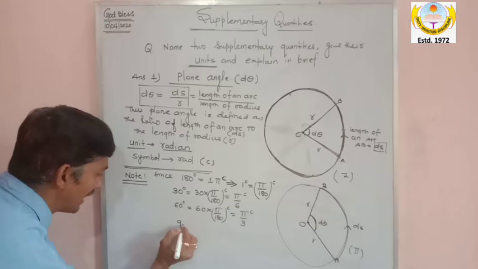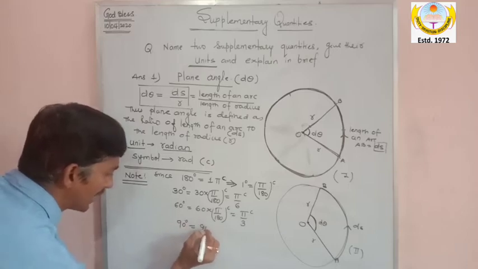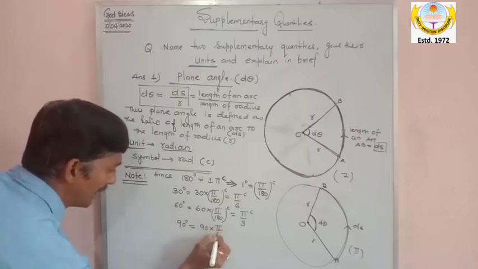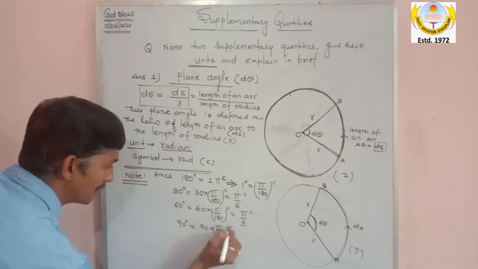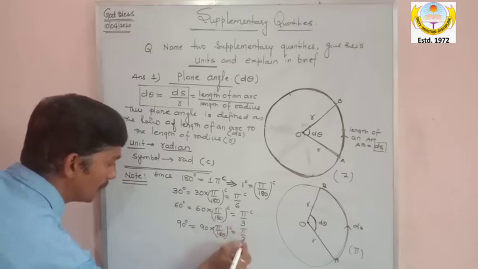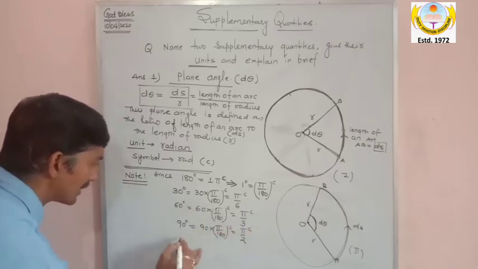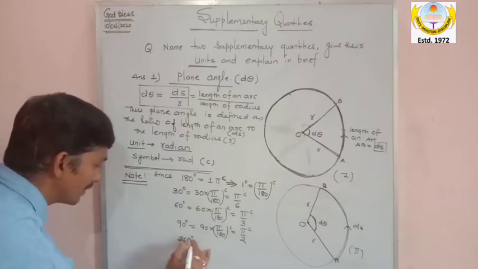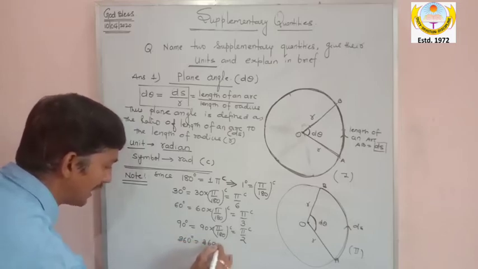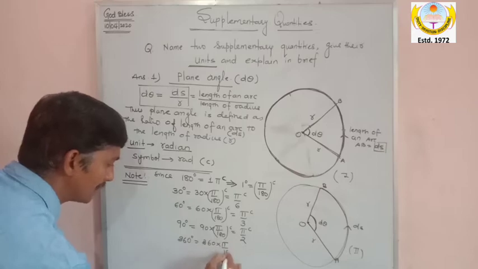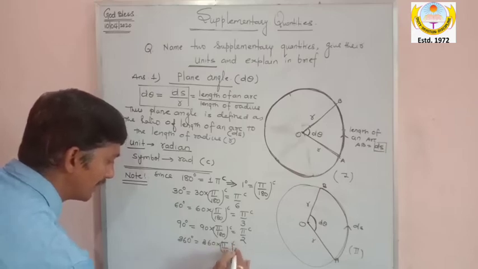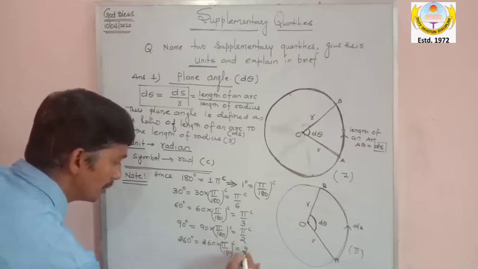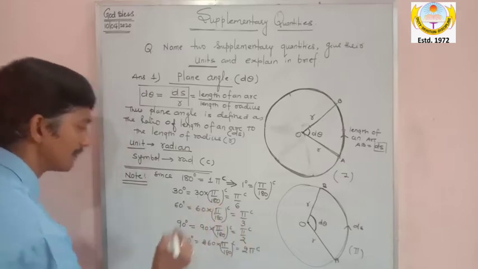How much is 90 degree? 90 degree is 90 into pi by 180 radian, that is equal to pi by 2 radian. How much is 360 degree? 360 degree is 360 into pi by 180 radian, that is equal to 2 pi radian.